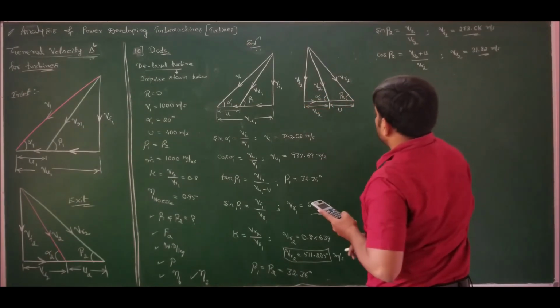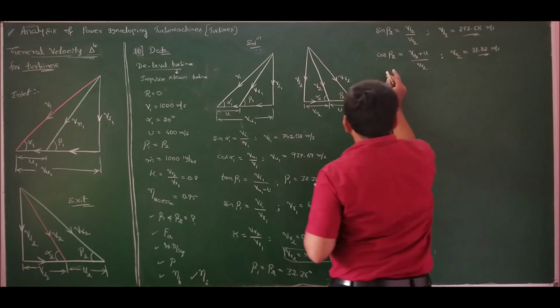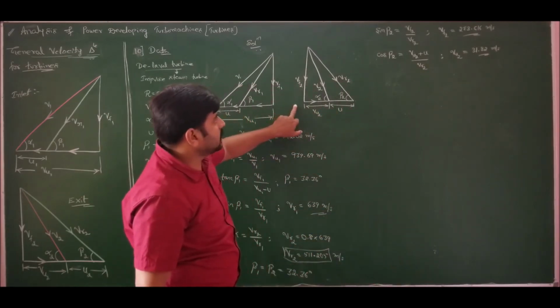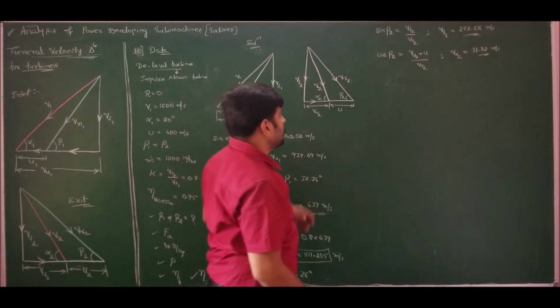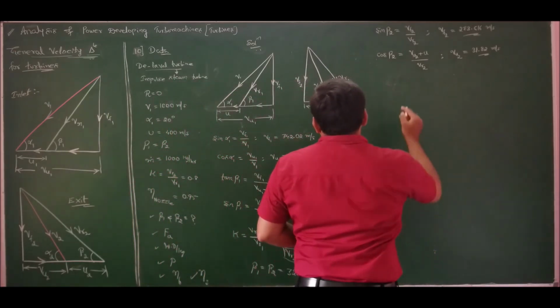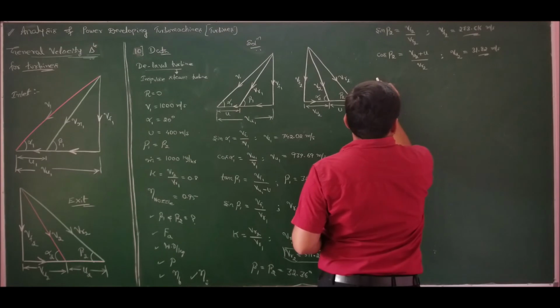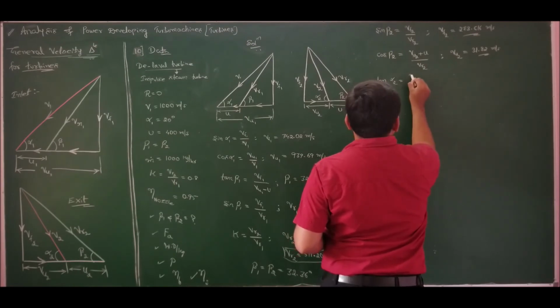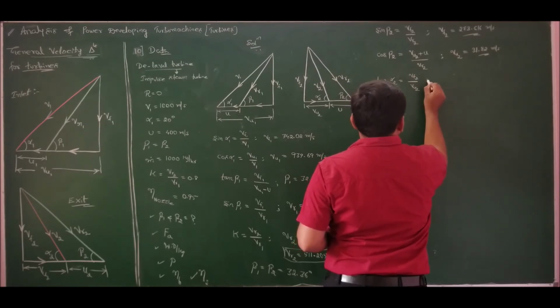We are left with V2 and alpha 2. Since VU2 is positive, the velocity triangle is correct. No need to change the velocity triangle. Now for V2 and alpha 2, use tan alpha 2. Tan alpha 2 is VF2 by VU2.